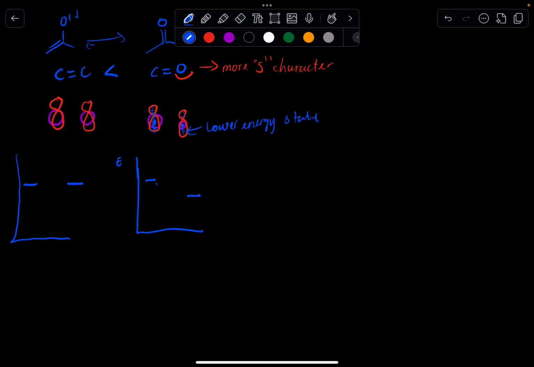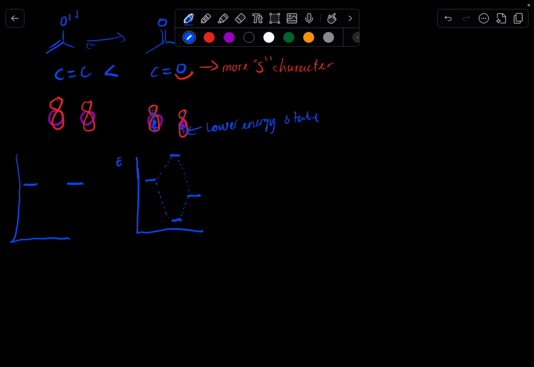And if we were to have an overlap, you would have something like this, an anti-bonding orbital of high energy and a bonding orbital of low energy.